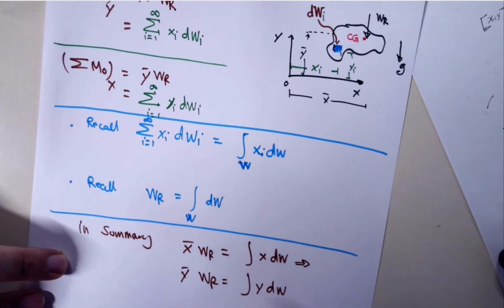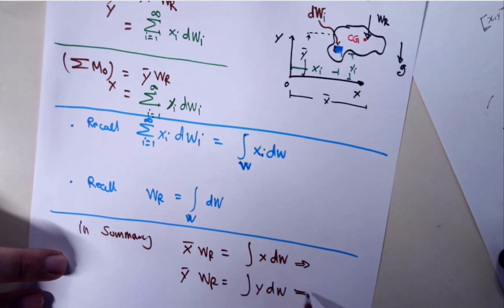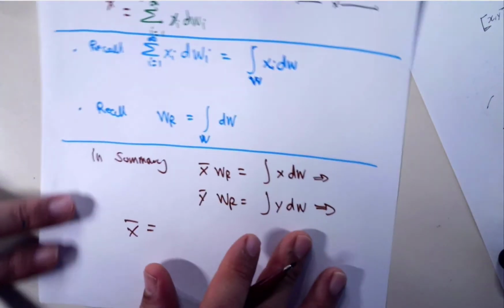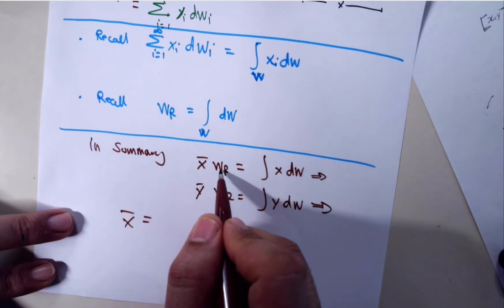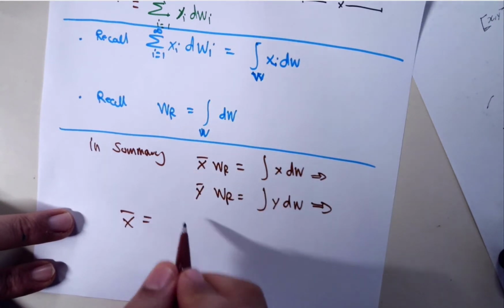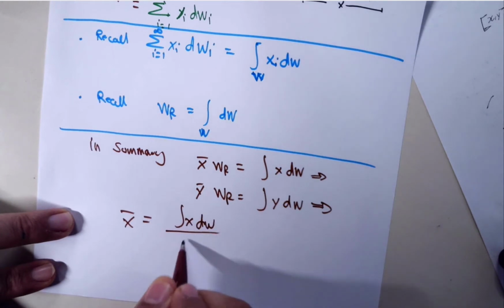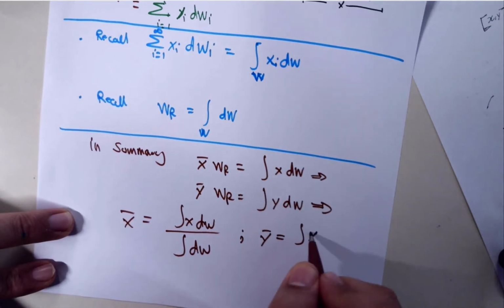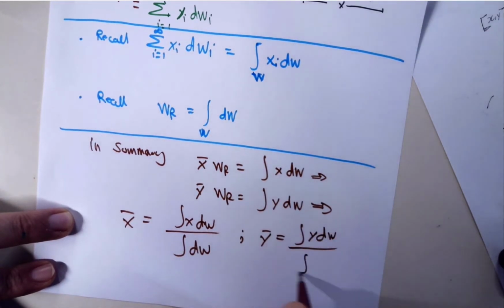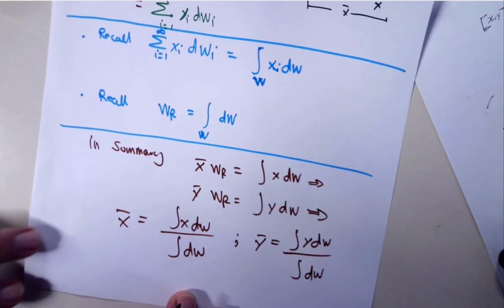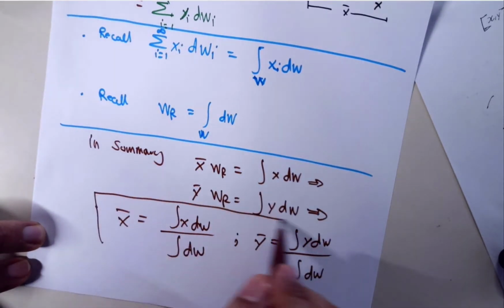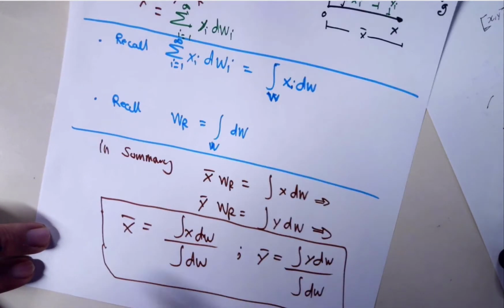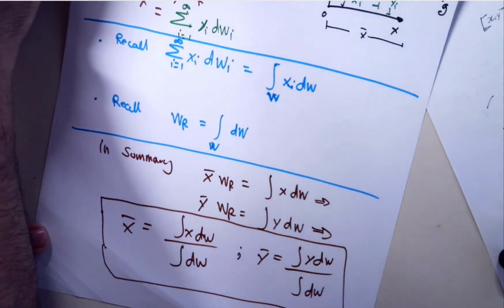So from here you can also further simplify that x bar equal to x tw over tw, where W is the total weight, and y bar equal y tw over total weight. All right, so these are the two formulas that define the centroid, or the center of gravity. Now we'll make this much simpler.